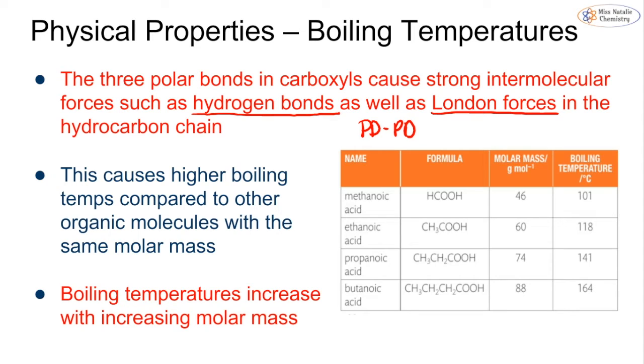So we would have the alkanes and alkenes at the very bottom, then the aldehydes and ketones because they form the permanent dipole, alcohols because they can form hydrogen bonds, and then carboxylic acids because they can form even more hydrogen bonds. So they have, in particular, quite high boiling temperatures in comparison to other organic molecules with the same molar mass.